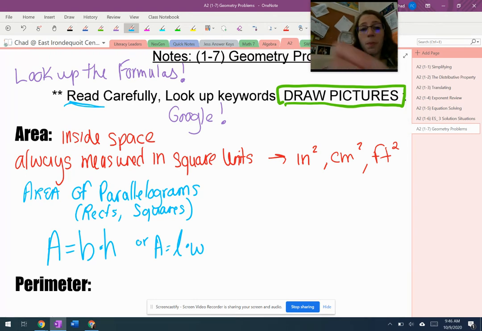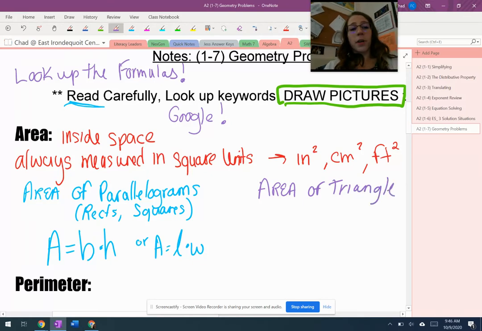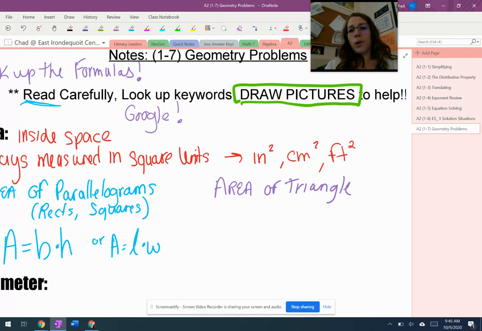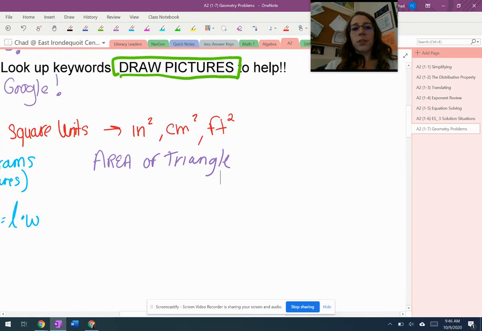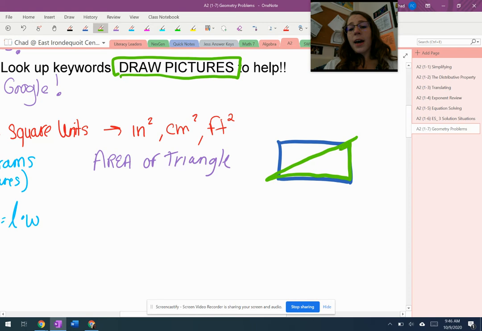It's okay. The next one that's important that we use a lot is the area of a triangle. And naturally, that's a little different from a parallelogram because a triangle is different. If you look at my little fancy diagram here, I have a rectangle. I can take this rectangle and turn it into a triangle by cutting it in half.